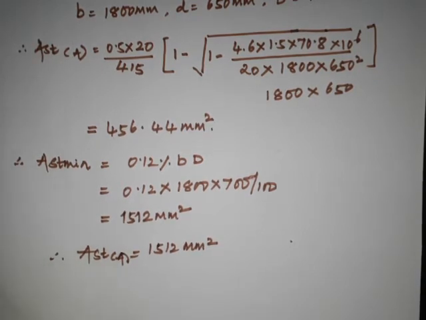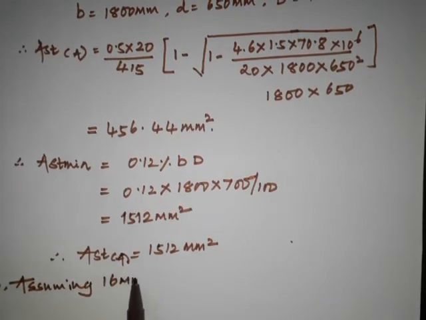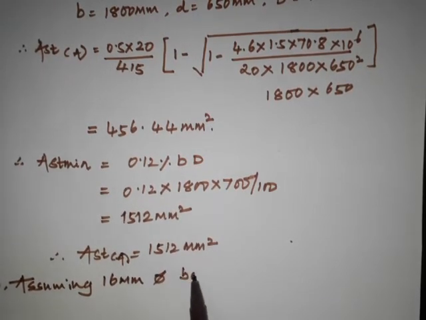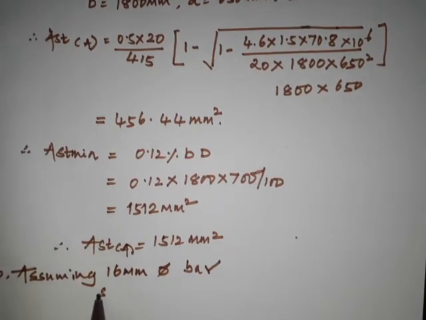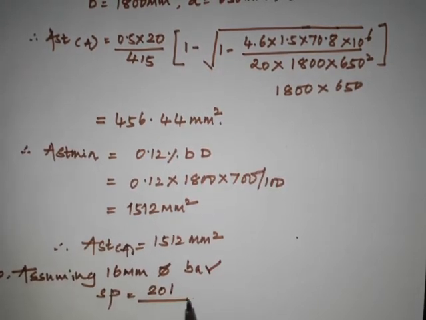So assuming 16 mm dia bar, spacing is equal to 201, that is the area of 16 mm bar divided by AST into B, that is 1800.